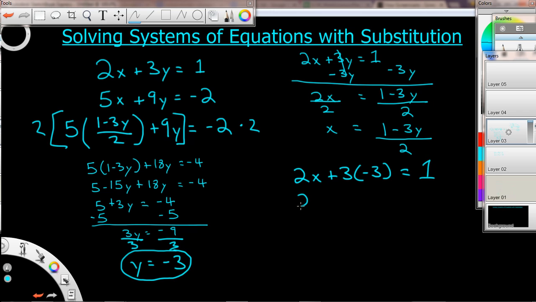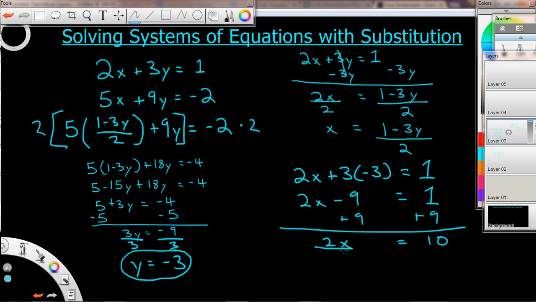And let's see here, we've got 2x, 3 times negative 3 is minus 9, and this is equal to 1. Okay, add 9 to both sides. And we get 2x is equal to 10, divide by 2, we get x is equal to 5. Okay, so here's my solution. x is 5, y is negative 3.